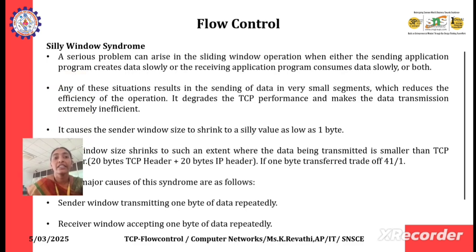It degrades the TCP performance and makes the data transmission extremely inefficient. There are two main causes of this syndrome as follows: the sender window transmitting one byte of data repeatedly, and the receiver window accepting one byte of data repeatedly.